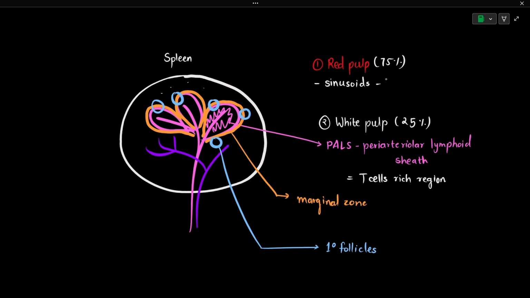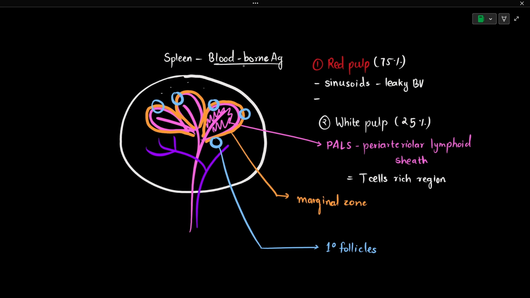Sinusoids are leaky blood vessels, so they are going to leak the blood in that particular region, which will bring all of the blood-borne antigens into the tissue of the spleen. So the spleen is going to tackle the blood-borne antigens, meaning the antigens which are traveling in the circulation.